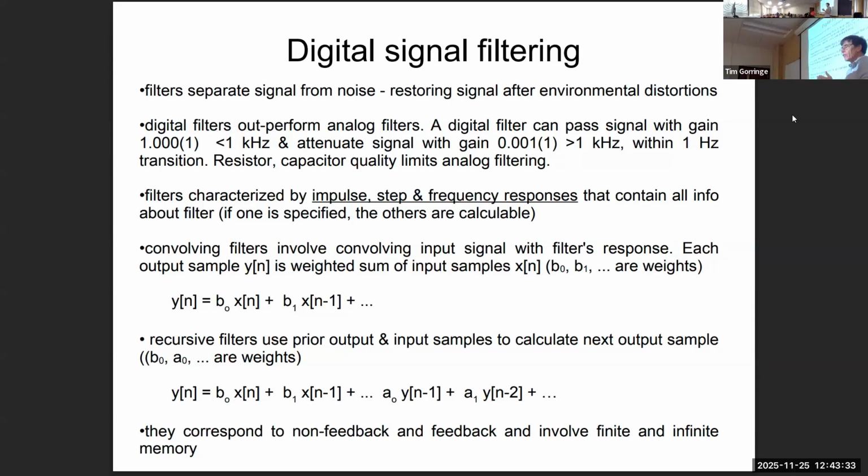So a convolving filter has its output at a particular tick or time defined by the inputs at that tick or time and the inputs at previous ticks in time.